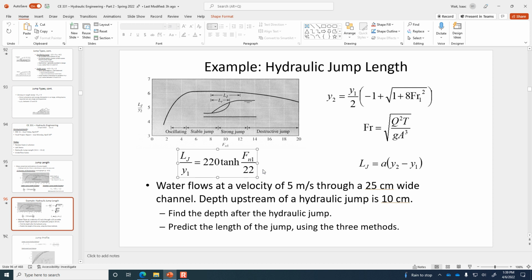Okay, so 5.05 divided by 22, that is 0.2295. So I want to do tanh of 0.2295.